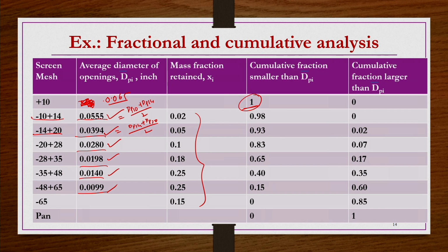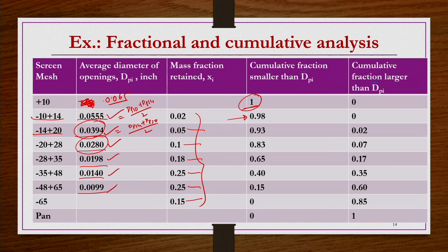Similarly, in the second row, what is the fraction of material whose size is smaller than 0.0555? These 0.0394, 0.028 and all of them are smaller than 0.0555. So, their corresponding fractions should be added together and written here.